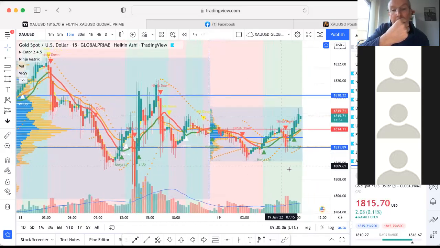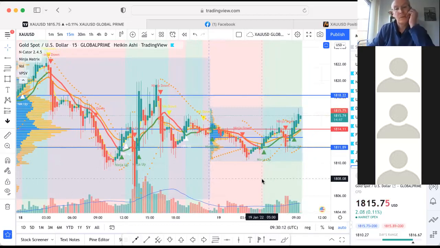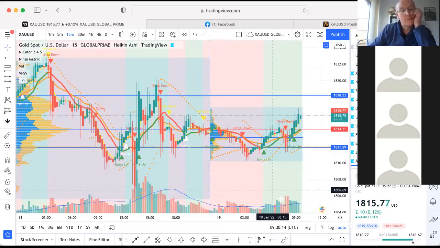There's not a lot of volume on this particular candle, although that candle has literally just opened 10 seconds ago, so give it some time. There's not a lot of movement in price as well at the moment. But I would say it looks as if we're going north, and we're probably going to 1818.